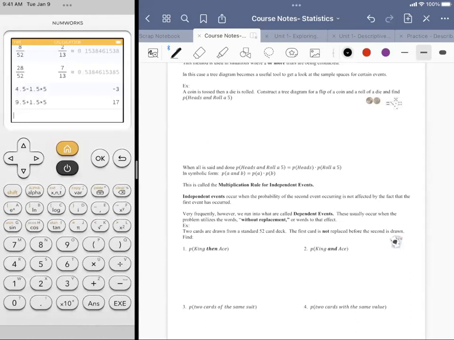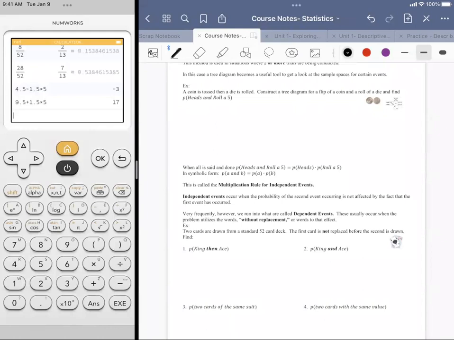The probability of getting heads is still going to be 1/2, because there's one side that has heads and there's two sides overall. Right? It's always the same. Now you might get into instances where you have like 10 flips of the coin and they're all heads, and you're like, well, I'm kind of due to get a tails at some point. Being due to get something, that's not the definition of probability.